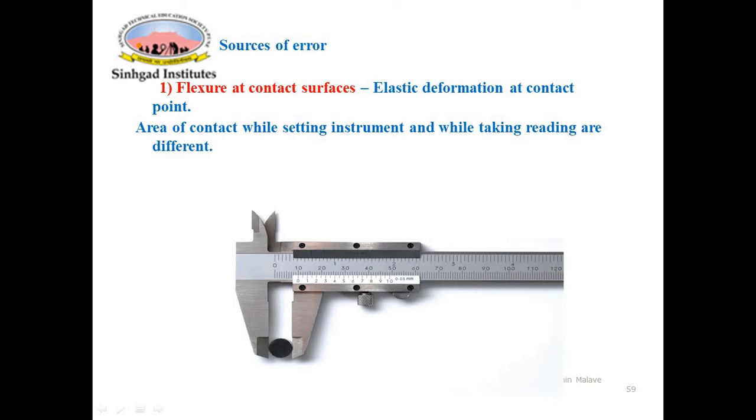They will use another vernier caliper available with them which is already calibrated and certified, and the readings observed under both conditions will be compared to find out the discrepancy. So this is the basic objective of calibration.